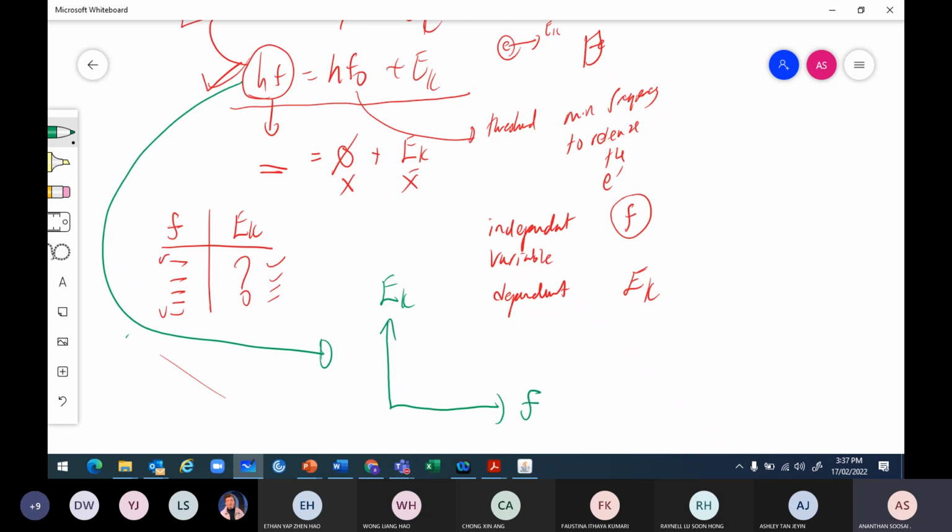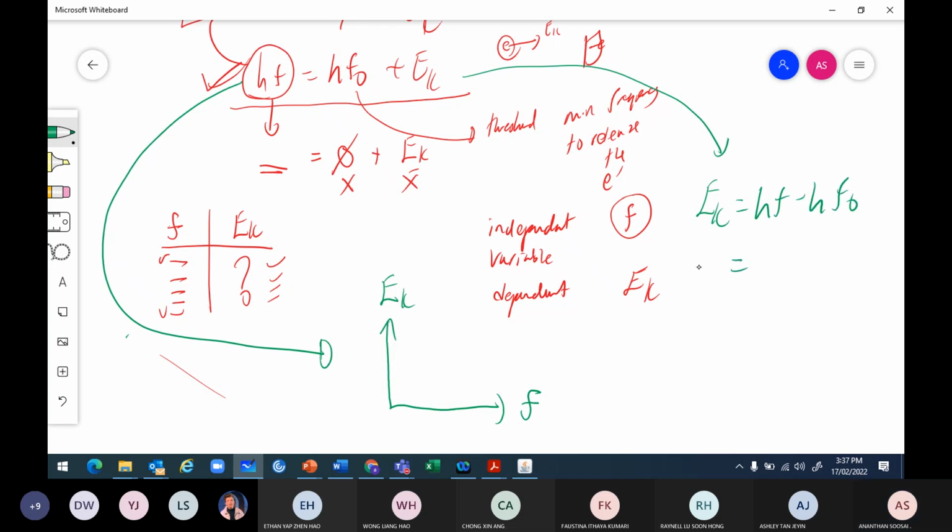Maybe you can plot kinetic energy versus frequency. So rearrange this formula. Ek equals what? Ek equals hf minus hf naught.